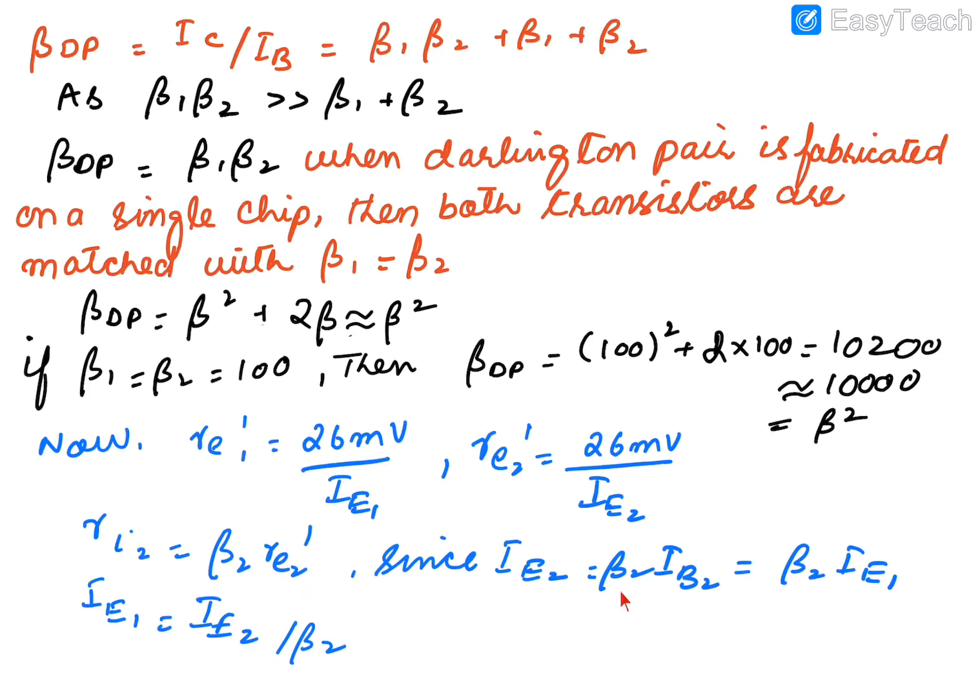Since IE2 is beta 2 times IB2, and putting the value of IE1 instead of IB2, as you know IE1, from this expression, when we put IE1 instead of IB2, we will have IE1 as IE2 divided by beta 2.